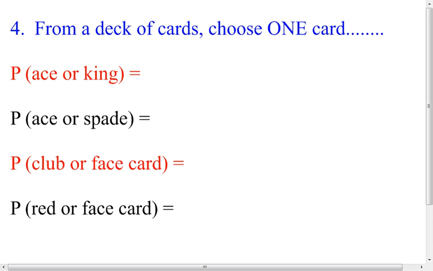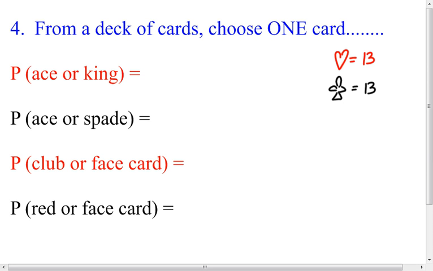So here we go, from a deck of cards, and hopefully you know your cards well enough. If you don't, you know that there are 13 hearts that are red. There are 13 clubs that are black.